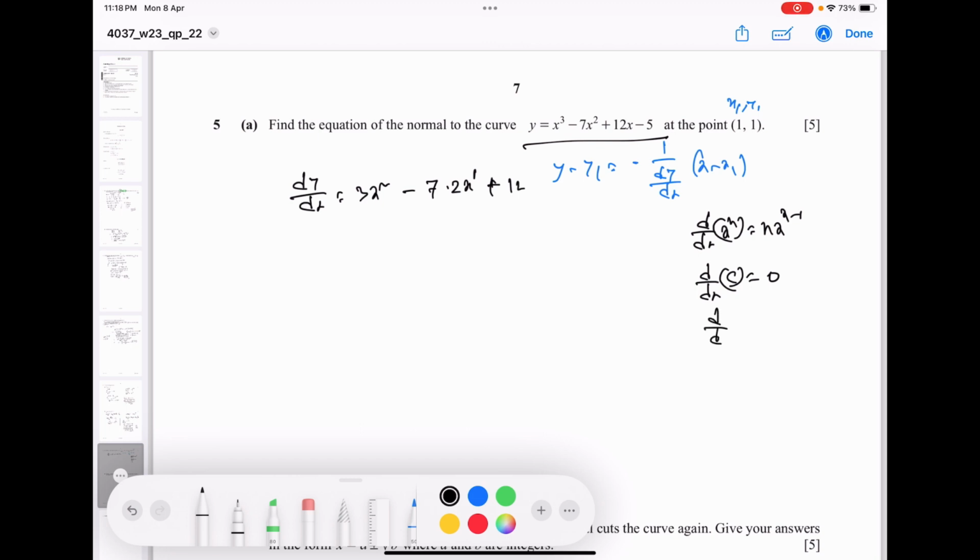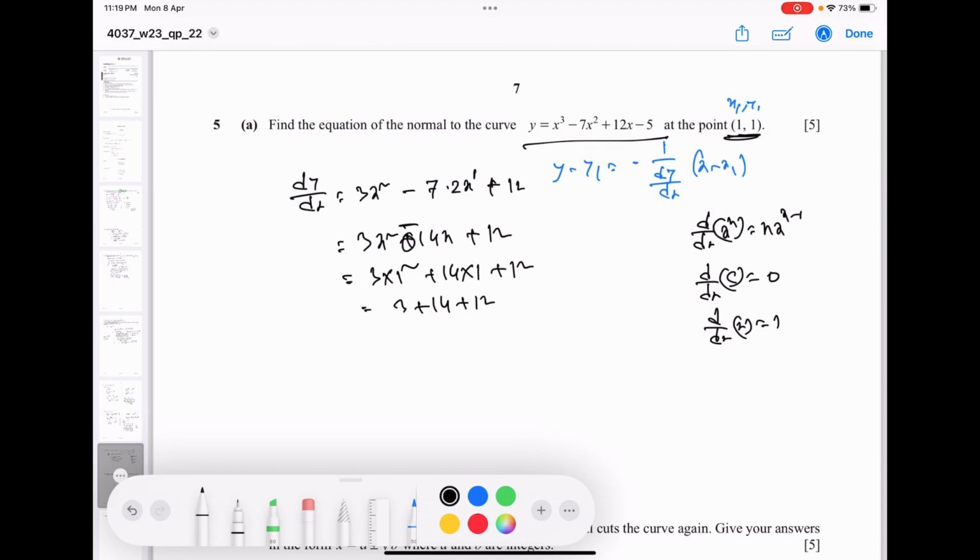Now simplify that: 3x squared minus 14x plus 12. Now put in x equals 1, since the point is (1, 1). So 3 times 1 squared minus 14 times 1 plus 12.